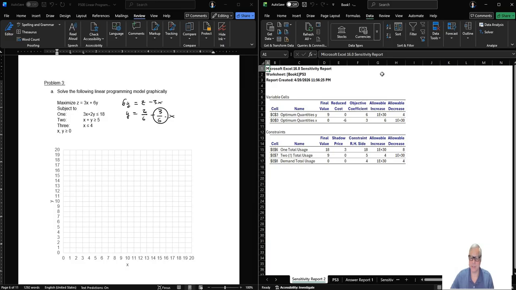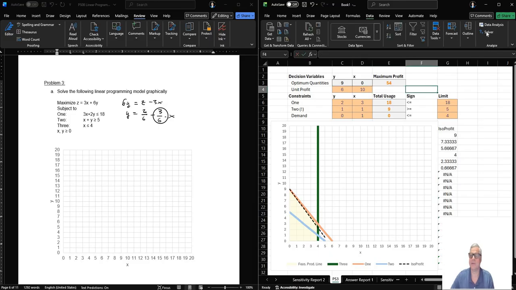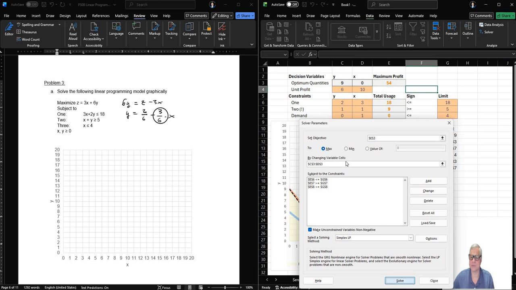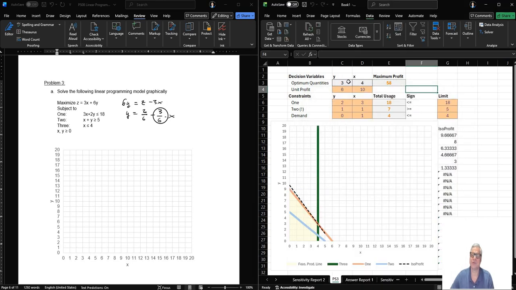So let's see if we change that. If, let's say, the price of X went up to 10, that's more than 6, and we run it again, Solver, solve, okay, and now you see the optimum quantities would be 3 and 4.